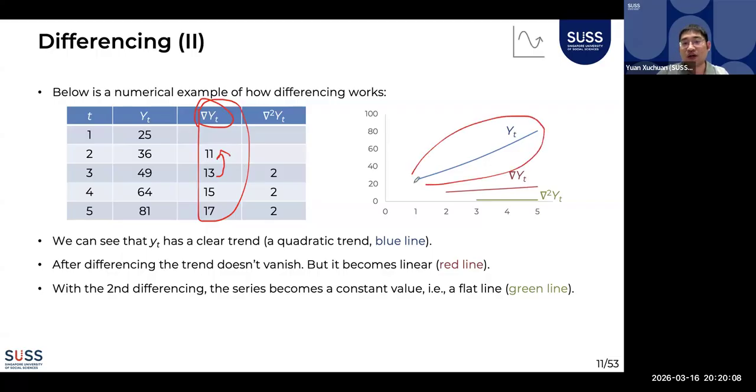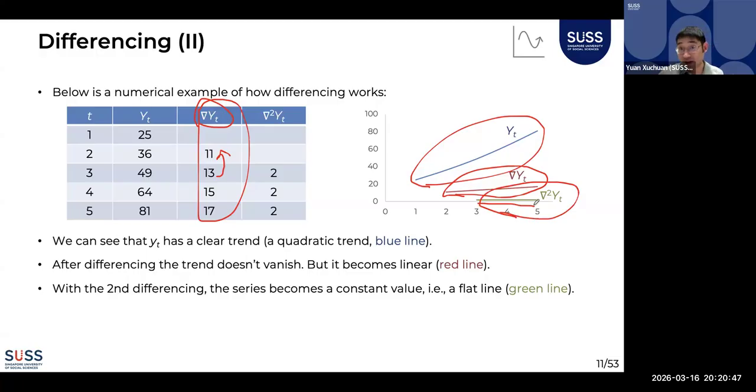Previously it is a quadratic shape, because you can see 5 square, 6 square, 7 square, 8 square, 9 square. Then you do the first order difference and you get a time series, nabla yt, and you can see the time series becomes a linear trend, from 11, 13, 15, 17. And then you do a second order difference, and you will have a constant time series. So this is actually the rationale behind it.